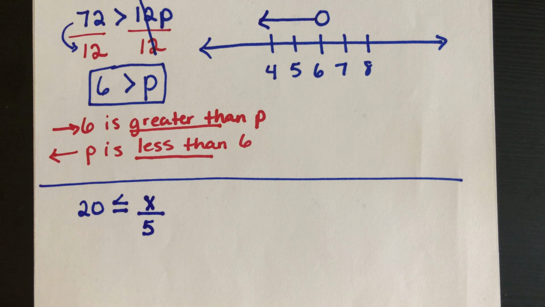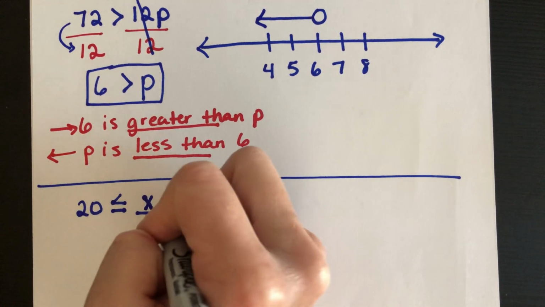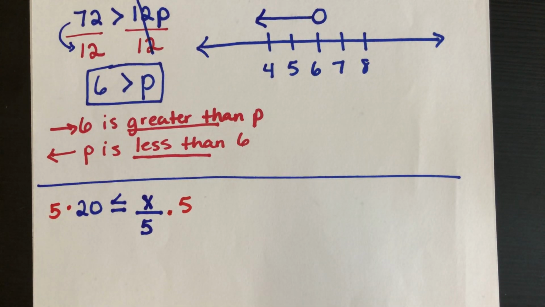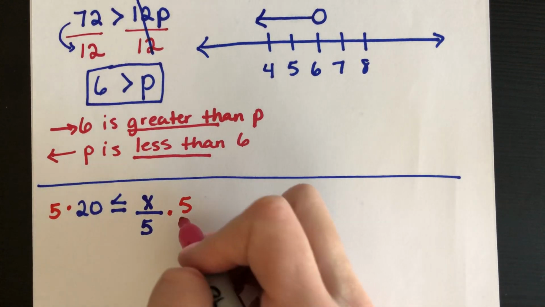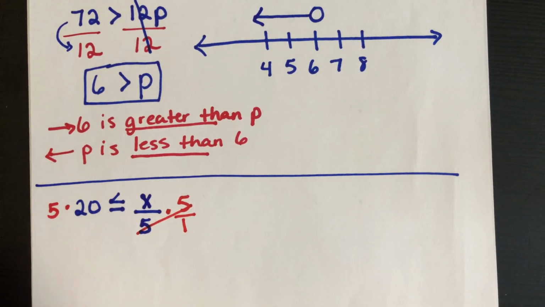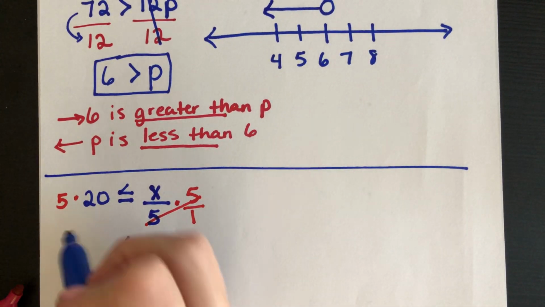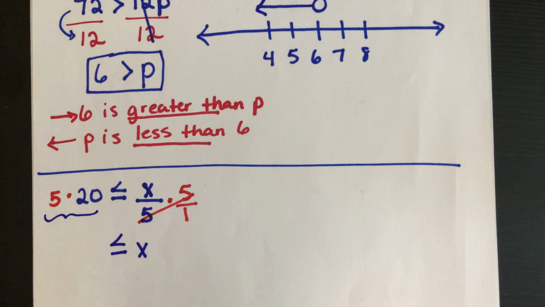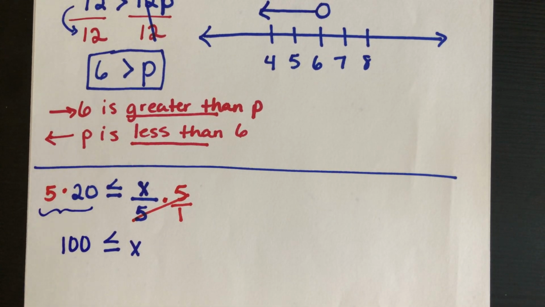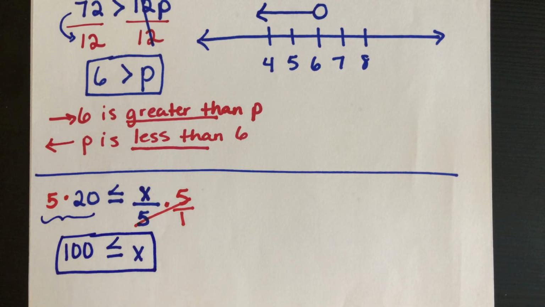Well, I need to get my x by itself. So since I'm dividing by 5, I'm going to multiply by 5 on both sides. It's in fraction form, so I'm going to put 5 over 1, and that cancels out, and I'm left with x on this side. And now I have 5 times 20. 5 times 20 is 100. So now I'm left with my solution of 100 is less than or equal to x.